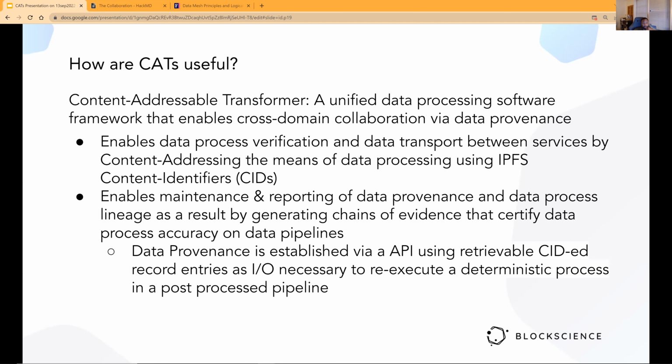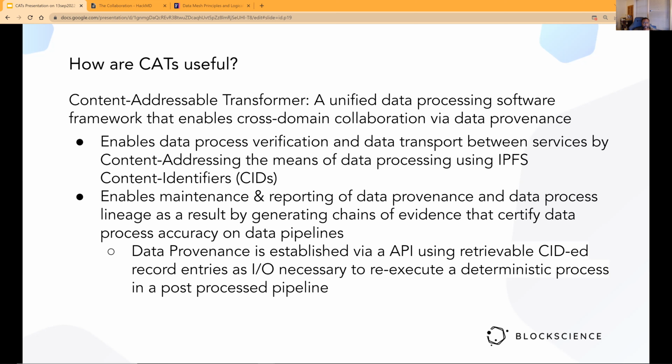Those enable maintenance and reporting of data process provenance and data or process lineage as a result, because if you have data provenance, you get data lineage as a byproduct, which is a business intelligence view of data processes on the mesh, right? So each individual CAT, the IO of which would be chains of evidence that certify data process accuracy on the pipelines.